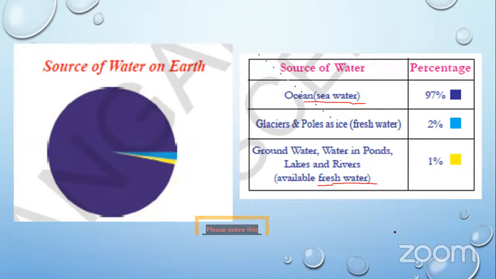Here fresh water represents that it has less amount of salts in it. Seawater has more amount of salts, so it is very salty. It is not used for drinking, which is our main use. But fresh water which has less salts can be consumed by animals and humans also. That is the difference.